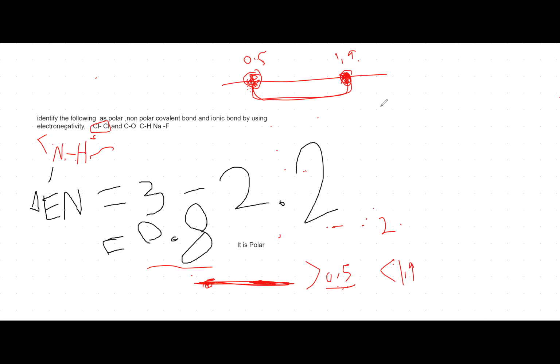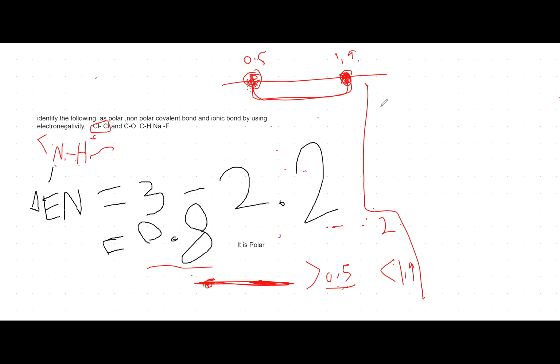Miss, I have a question. Yes. So you want us to find the electronegativity and which element has more electronegativity than the other? Okay.